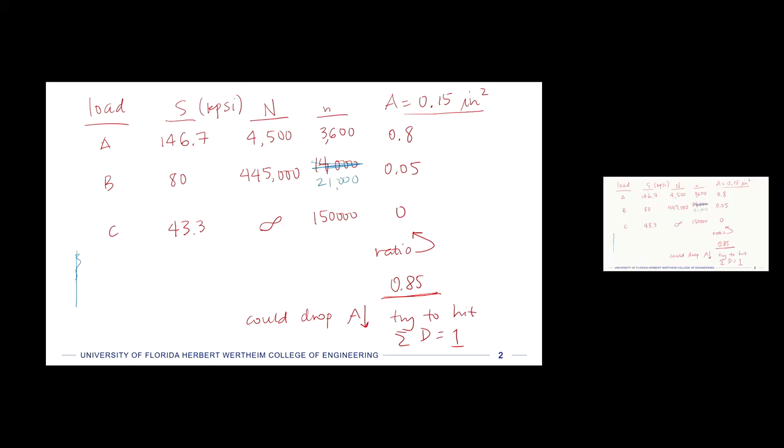The SN curve that we're given for this problem already includes 99% reliability, and so we're also going to assume that it includes axial loading, and we're going to say that the size factor is not that important, nor the surface finish factor.